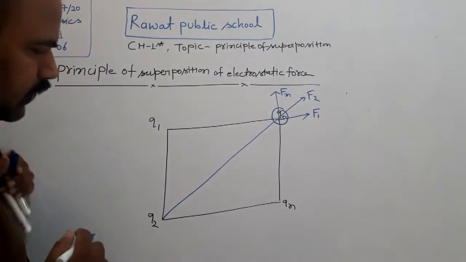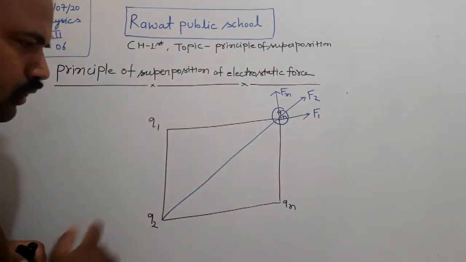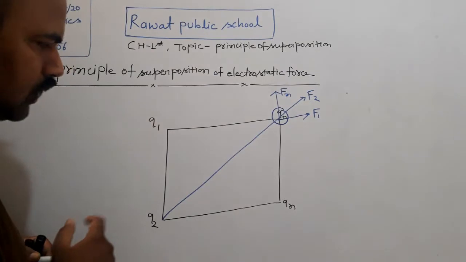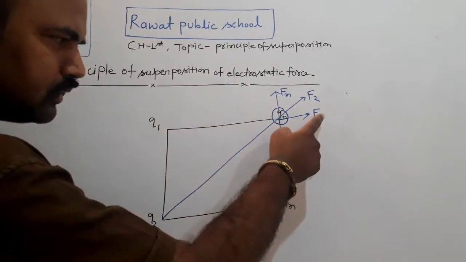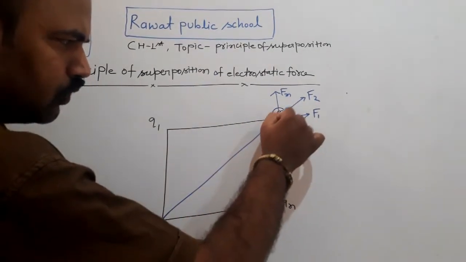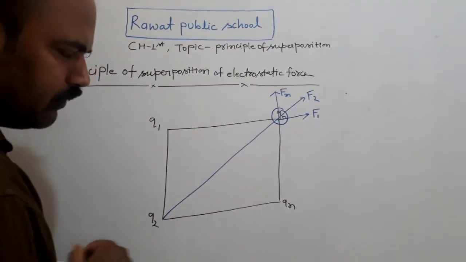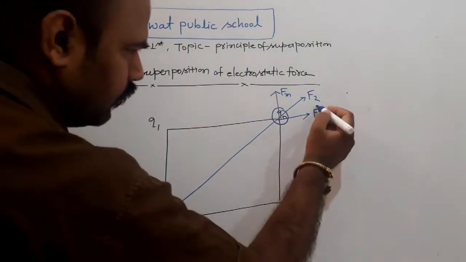So what are we doing here? We are just calculating the force on charge Q0 due to all other charges. So Q1 repels Q0 along this direction, that is F1. Q2 repels Q0 along this direction, the force is given by F2. Qn repels along this direction, the force is given by Fn.